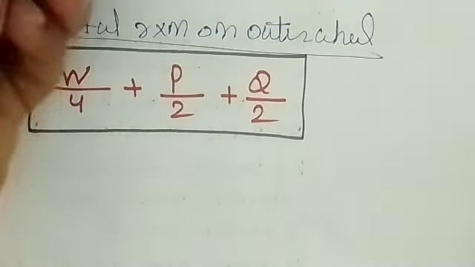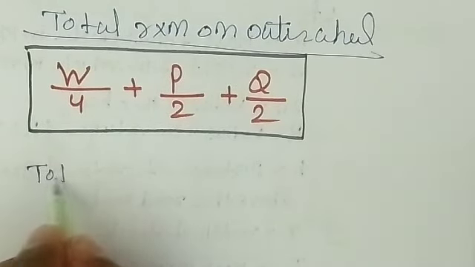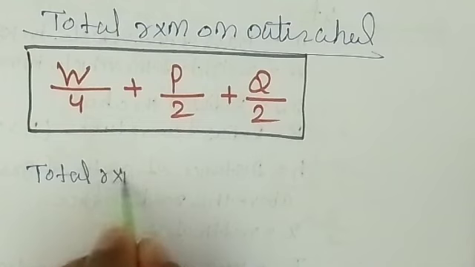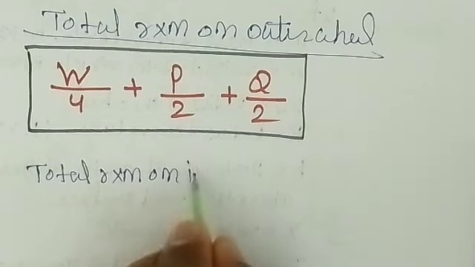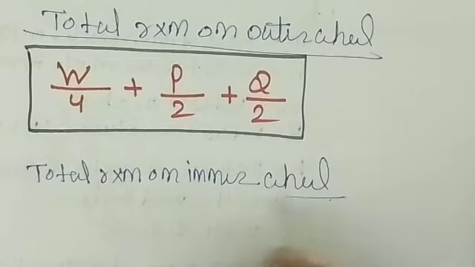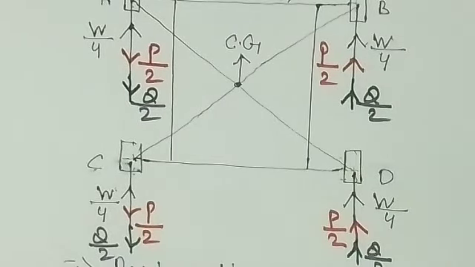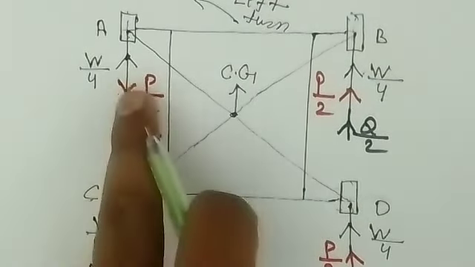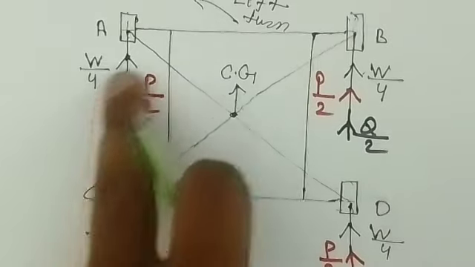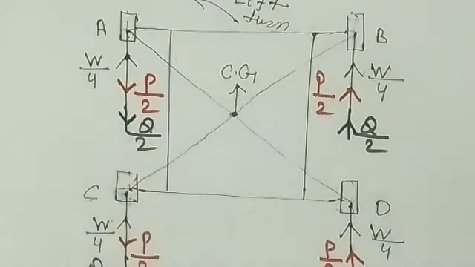Right? Similarly, you can write the total reaction on the inner wheel. So on the inner wheel, the reaction is what? Let's say this is your inner wheel, okay? That is W by 4 upward, P by 2 due to the gyroscopic couple downward, and due to the overturning couple, Q by 2 is downward.